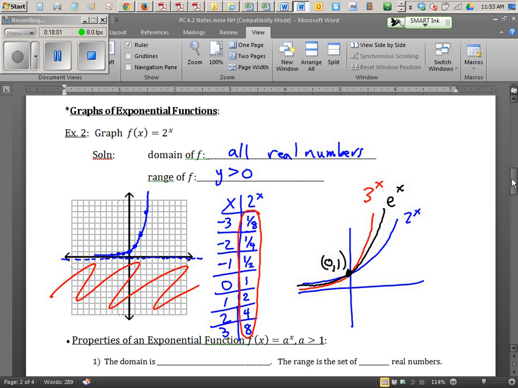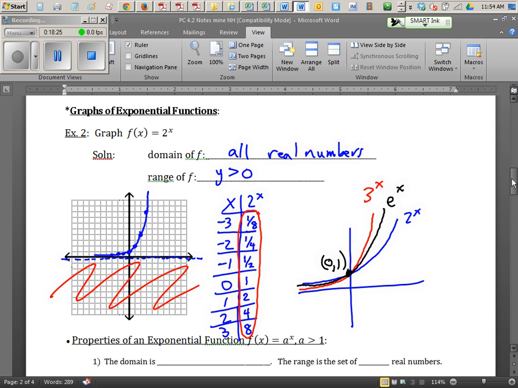You basically have on the right side, the red is above the black, which is above the blue, okay? And that's because 3 grows the fastest when you're out in the positive power range. Like 3 to the first is bigger than e to the first, and it's bigger than 2 to the first. So these points at x equals 1, 3 to the first is the highest.